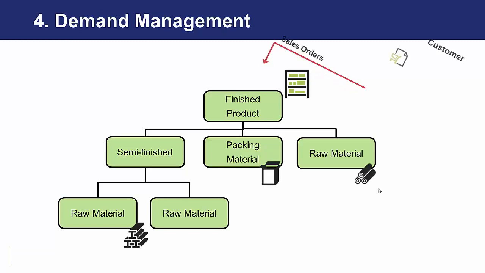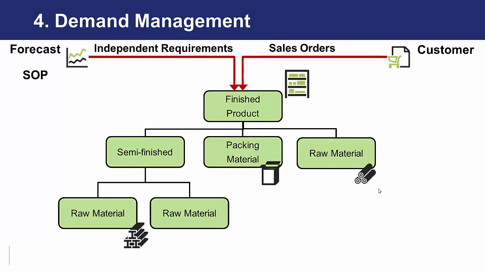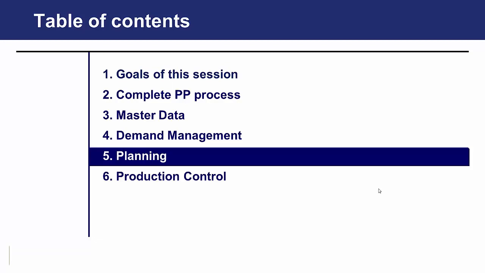The demand, as we have seen, can come from real sales orders or from estimations about the future demand. In some cases, we can plan semi-finished products and wait for finished sales orders to assemble the finished product. Planning.